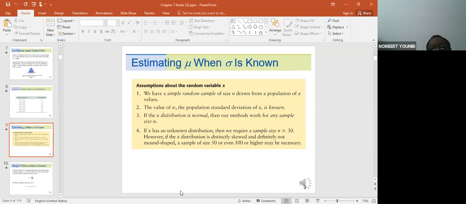So if we have a confidence level, we can use it to determine ZC, which in turn will be useful in computing the confidence interval.